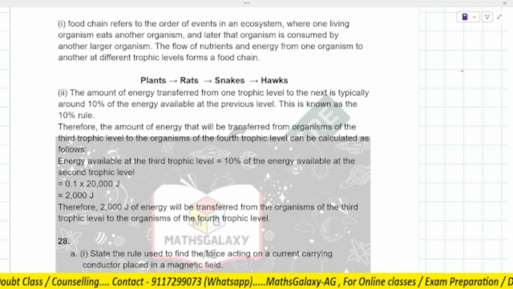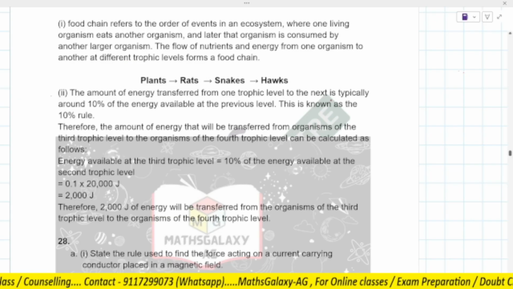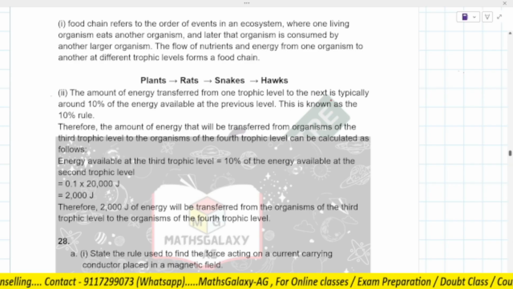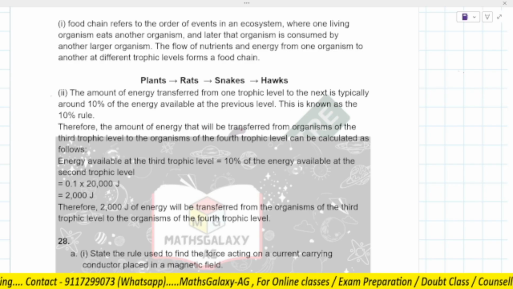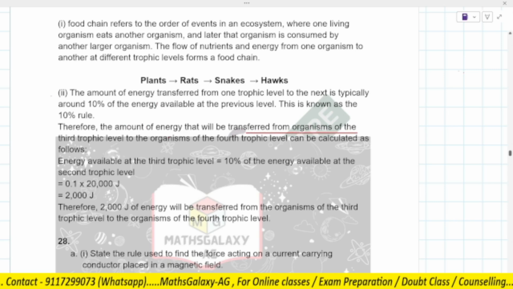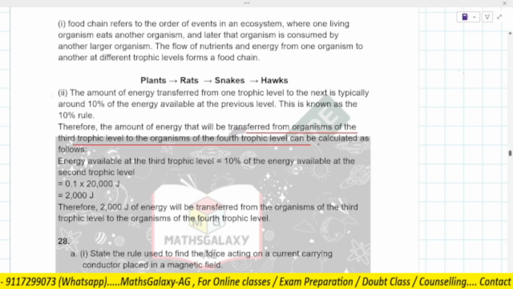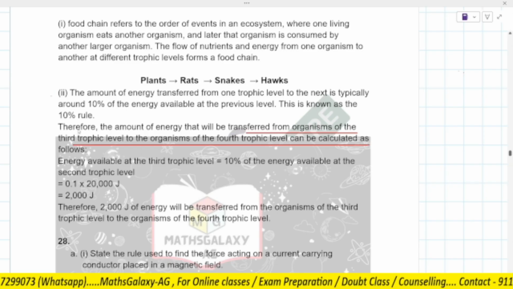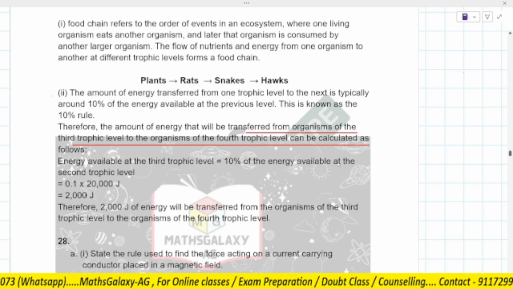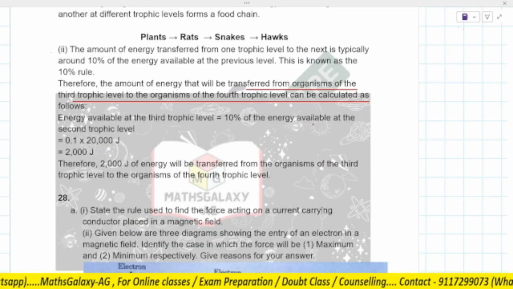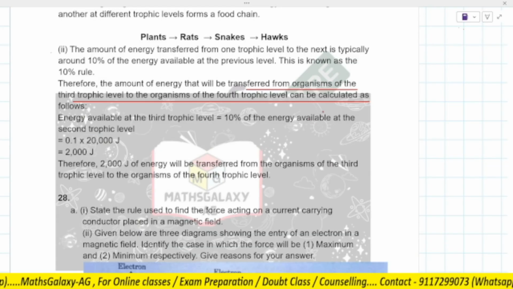Explain it briefly, okay, so that you will get the full marks. And therefore the amount of energy that will be transferred from the organisms of the third trophic level to the organisms of the fourth trophic level can be calculated as follows. The energy at the third trophic level will be 10% of the energy available at the second trophic level, right?